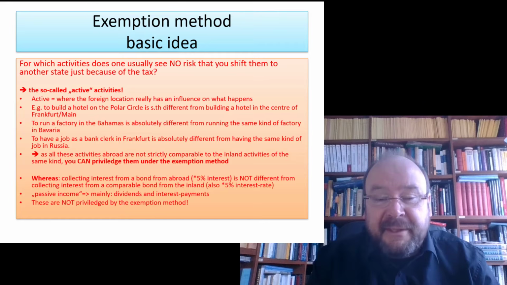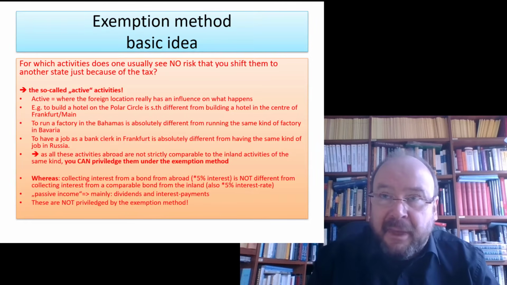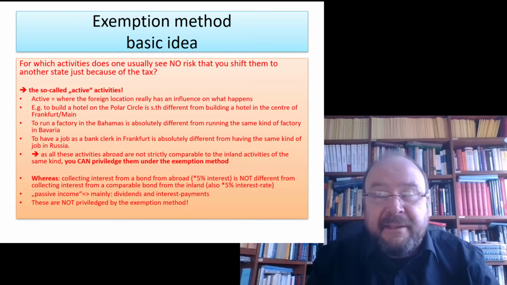A bit more difficult is to understand why the exemption method is also unpopular for portfolio investment dividends. Usually you would say a dividend from a French firm is created in France, and so it is created under different circumstances from a dividend from a German firm. In principle, that's right. Now with portfolio dividends, you very often have a group of enterprises. So you might imagine there is a multinational group where they have subsidiaries in Germany, France, Italy, and the US.